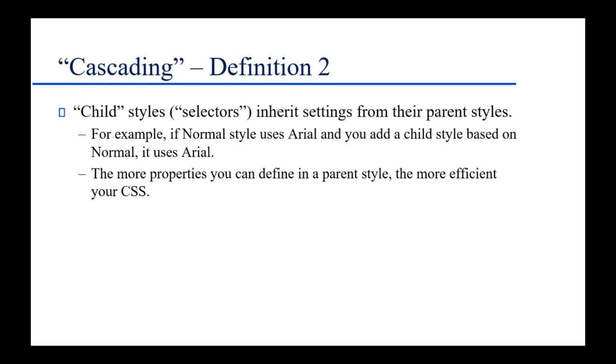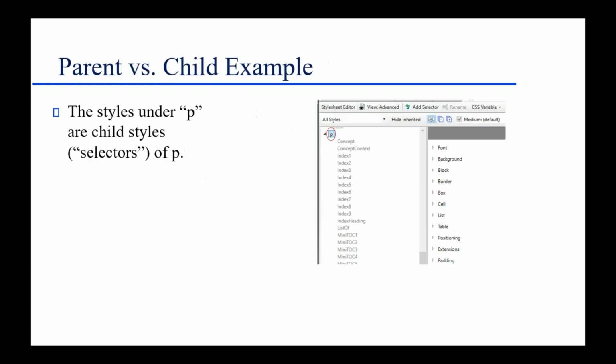So again, this is good, it's useful, and again, the more properties you can define in a parent style, the more efficient your CSS, because the more properties that you define in, let's say, your P style, then any child style under P will use those same settings automatically.